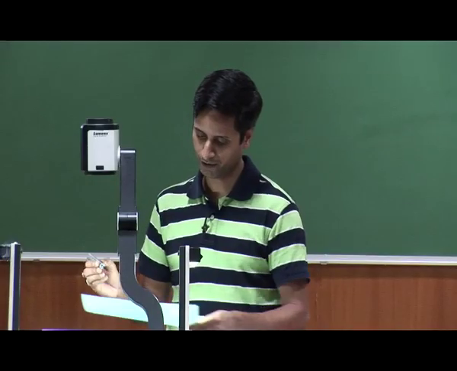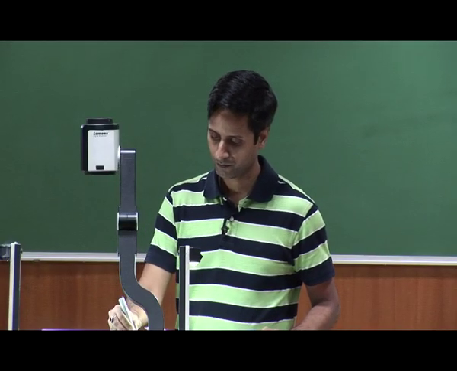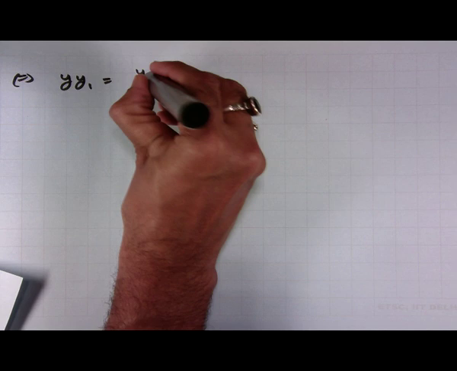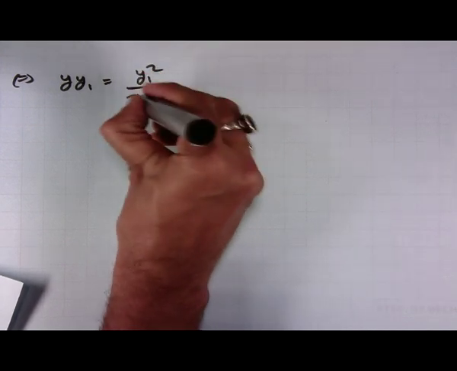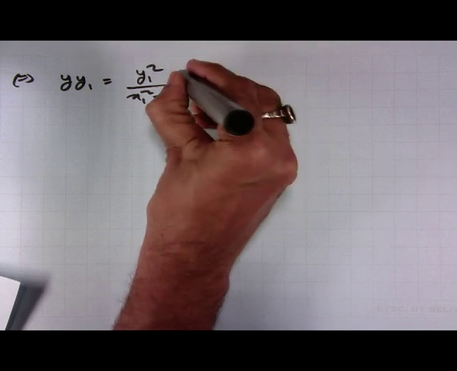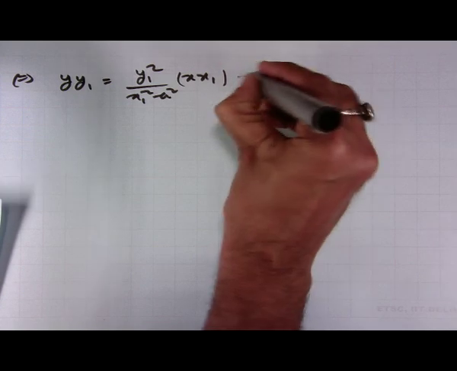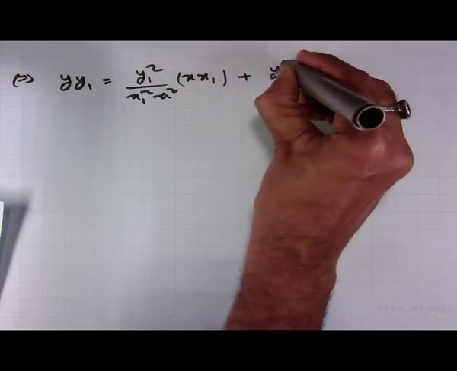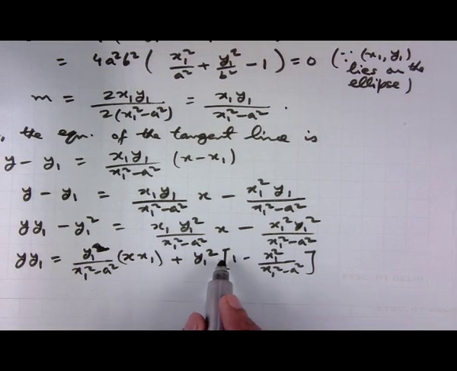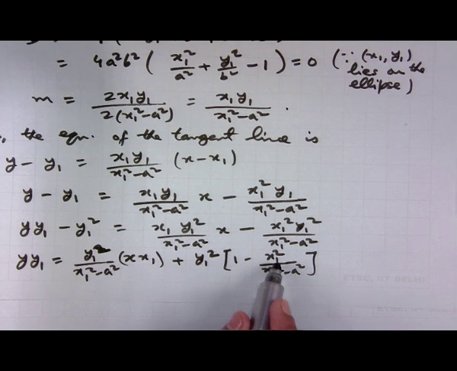So, let me rewrite it as y1 equal to y1 square by (x1 square minus a square) times x1, plus y1 square, and this quantity is x1 square minus a square minus x1 square.